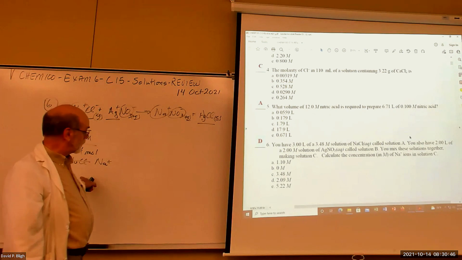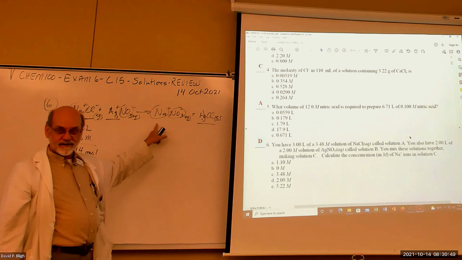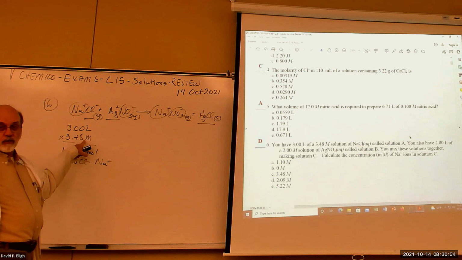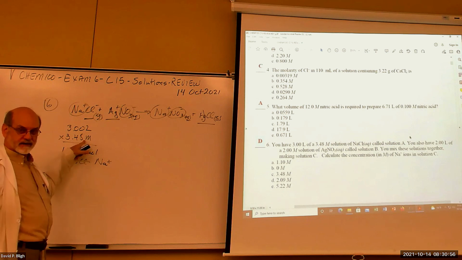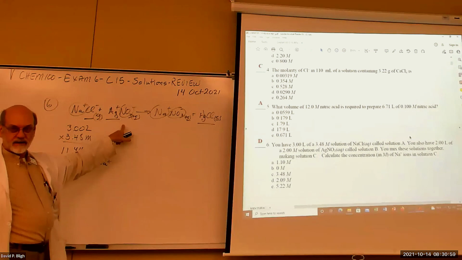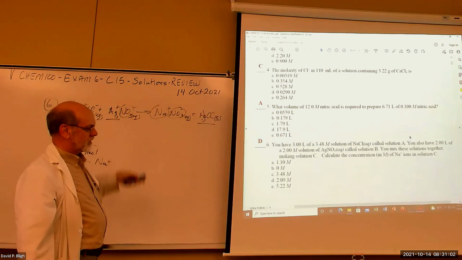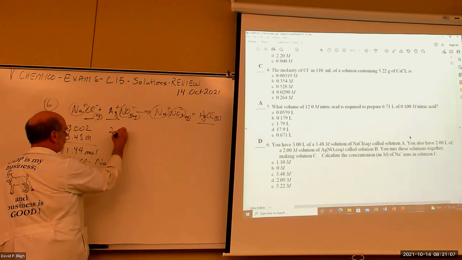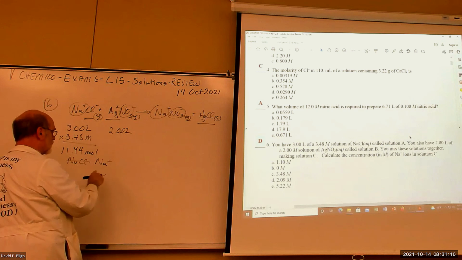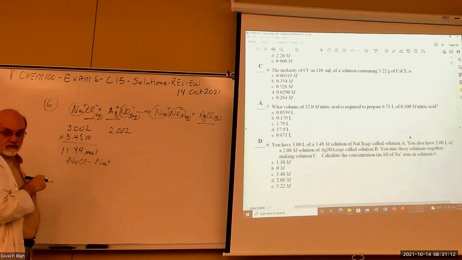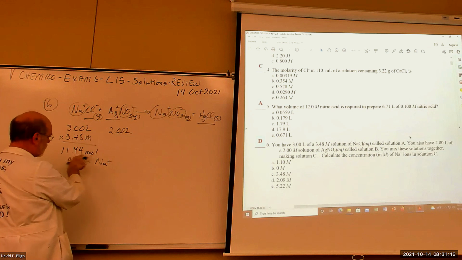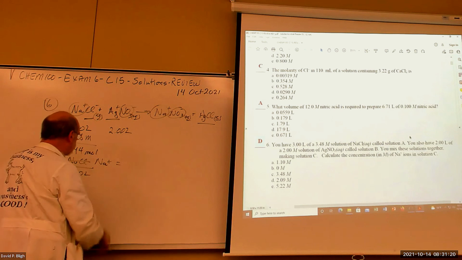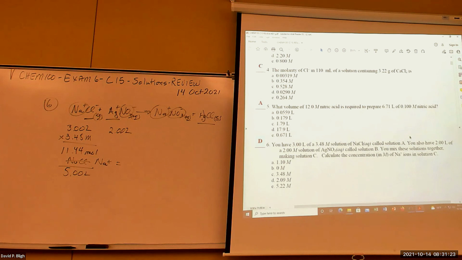You still got that many moles of sodium in solution at the end. So what's the concentration? Well, it's not 3.48 molar again because you diluted it with that solution. So how many liters of this solution are there? The second solution, 2 liters. Okay, so you have a final volume of 5 liters. So this many moles per 5 liters will give you the concentration of sodium in solution.